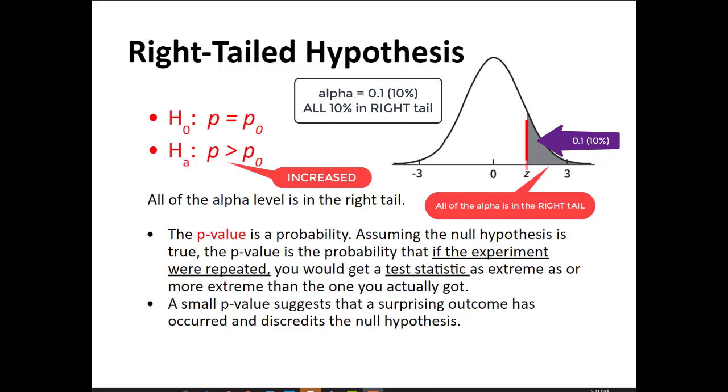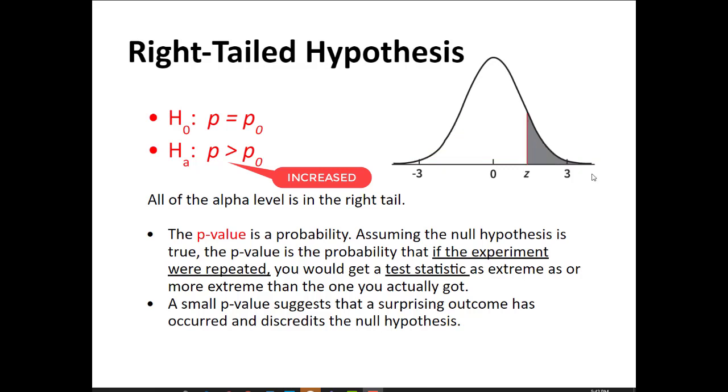This way I know that once I calculate my Z obtained, any Z obtained that falls above my Z crit will be in the area of rejection, and anything to the left of that Z crit or less than that Z crit will be in the area of retention. So because this is a right one-tailed hypothesis test, anything greater than my Z crit will be rejected. Anything less than my Z crit will be retained.